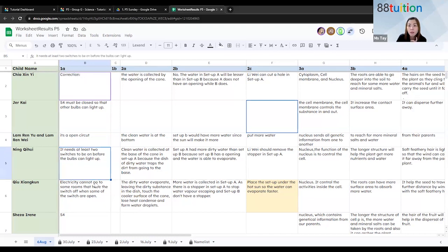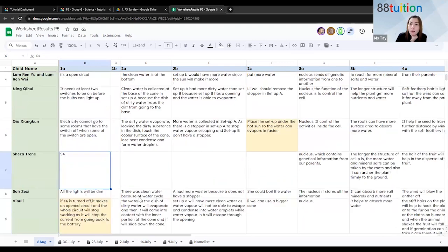So this is not the answer. You don't have to do correction. I think it's easier you just retype because anyway, this lesson is recorded, so I can just go back and look at it also. Renwei didn't understand. So now I hope you understand the question, maybe. Then Irene, I don't know what happened. You only put in S4.